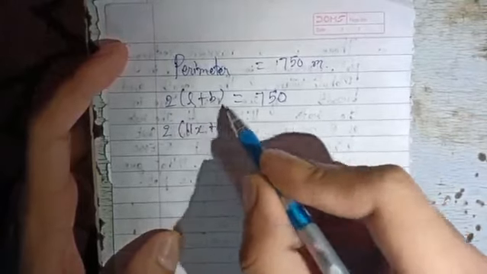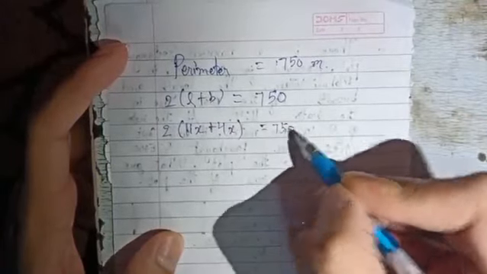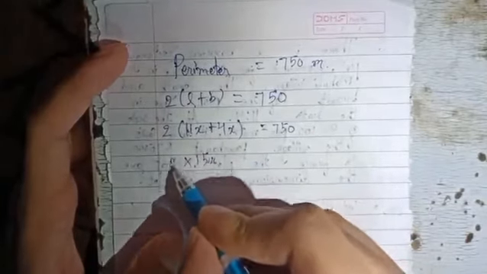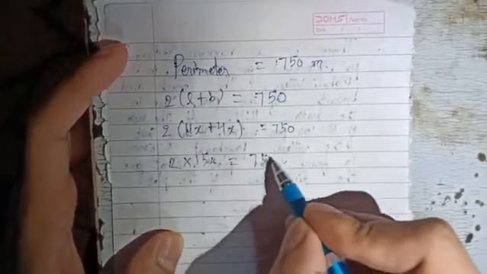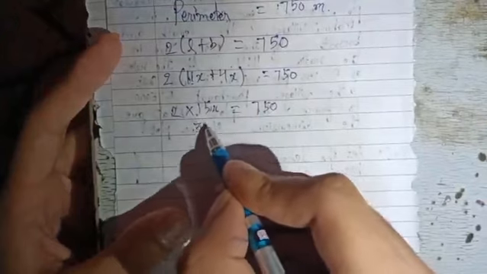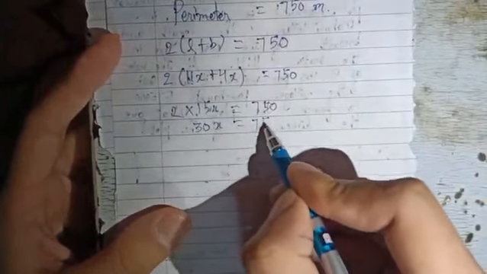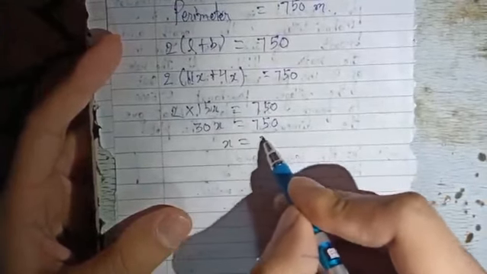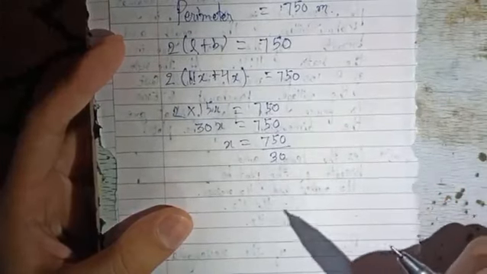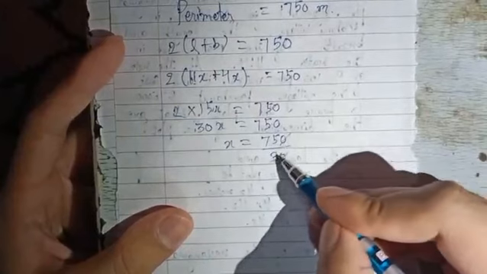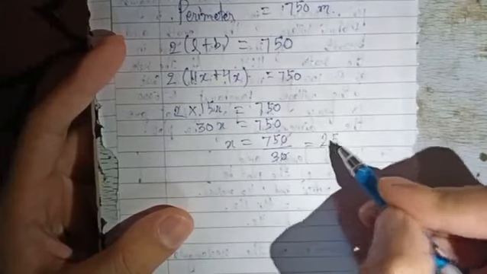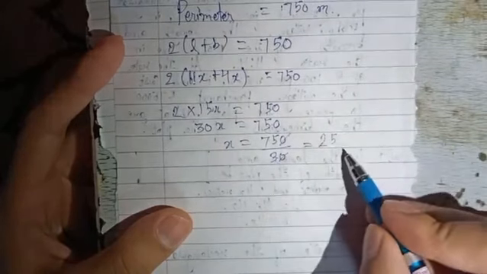So 2 times 11x plus 4x is equal to 750. 11 plus 4 is 15x, multiplied with 2, that is 30x, equal to 750. So x will be equal to 750 divided by 30. 0 to 0 cancel, 3 will divide 75 25 times. So the value of x is 25.